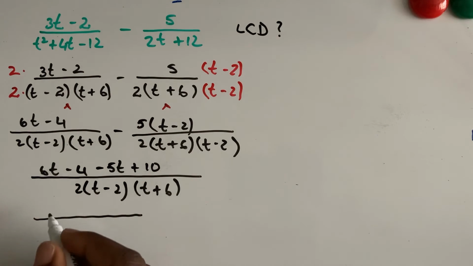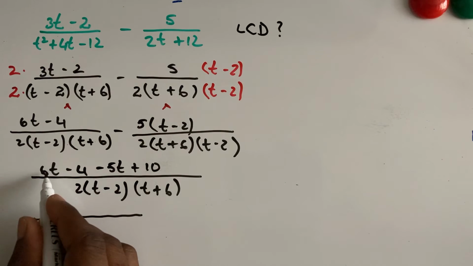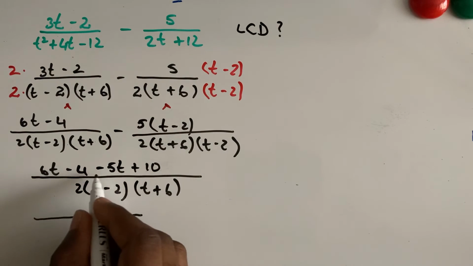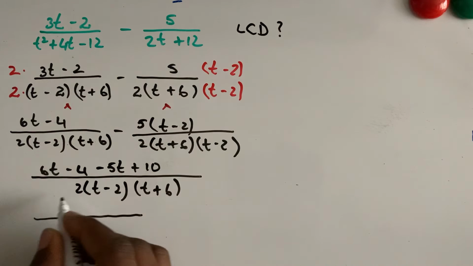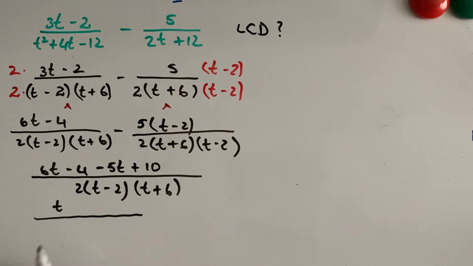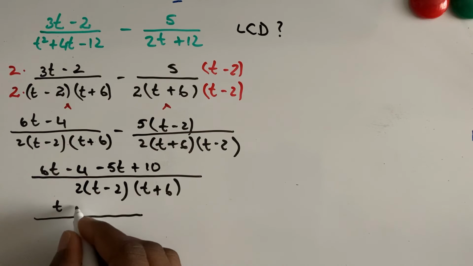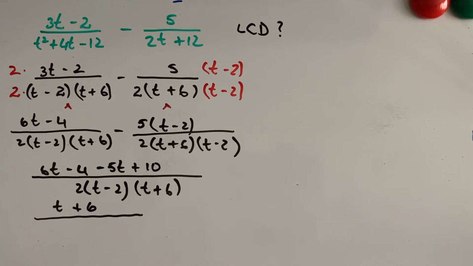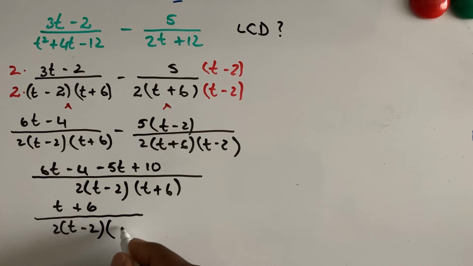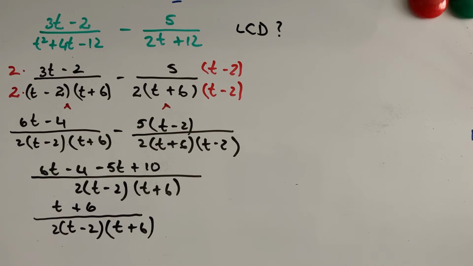Combining like terms, we have 6t minus 5t, which is 1t or just t. Now negative 4 plus 10 is plus 6. That's what we have on top. Then on the bottom here, we have 2 times t minus 2 times t plus 6.